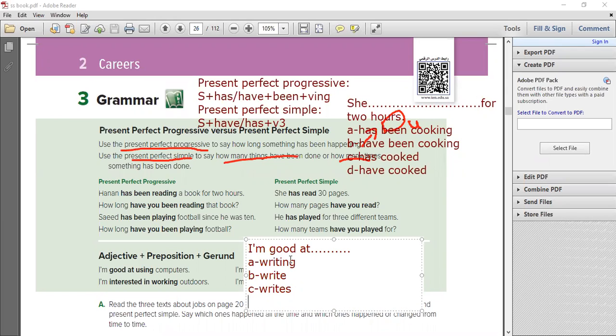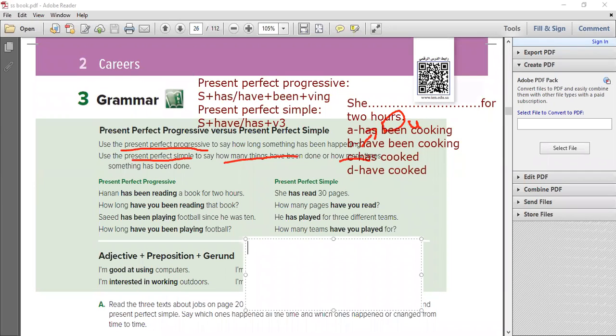How will you know that writing is the correct answer? Because of course you have what? Adjective, which is good. You have preposition at, and then you have the gerund. Of course the preposition could be different, if it was interested, the preposition will be in, not at. Clear? Clear. Yes. Okay.